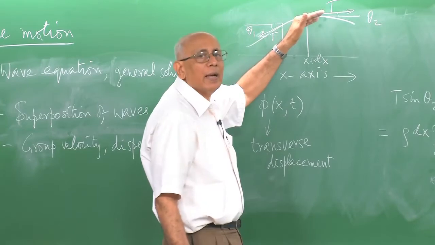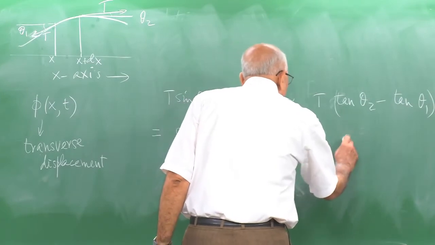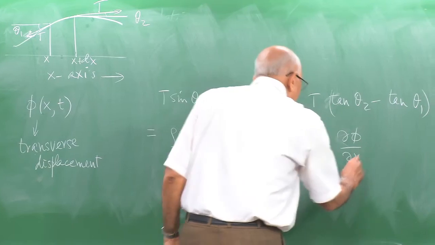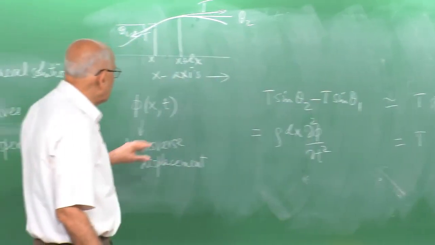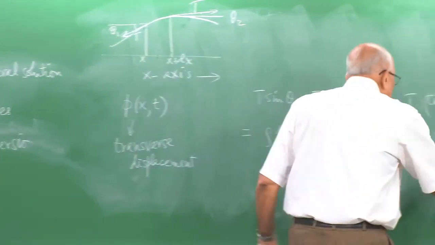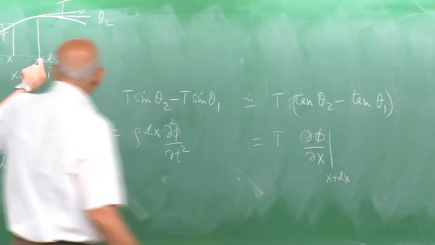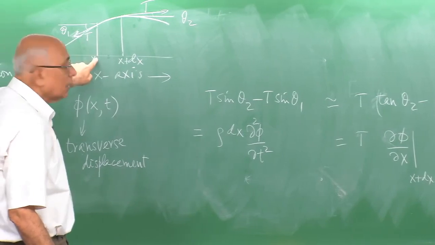But remember that tan theta is the slope at this point. So, it is the derivative of the function phi. So, this is equal to T times delta phi over delta x, because you differentiate with respect to x keeping t constant, and that is delta phi over delta x at the point x plus dx, which is this point, minus the same thing at the point x.